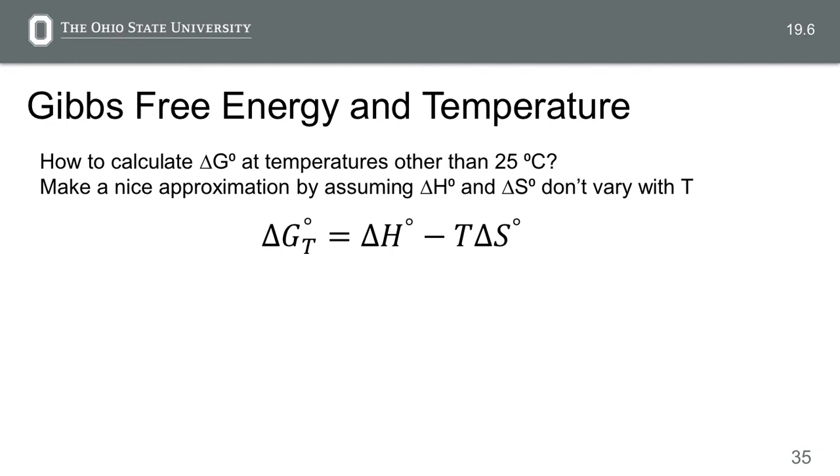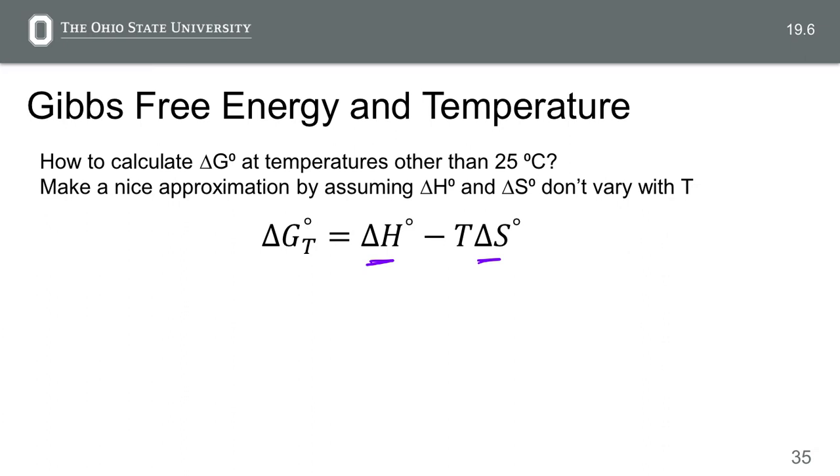Now let's take a look at how temperature plays a role in the spontaneity of reactions. Up to this point, we've mostly been calculating delta G at 25 degrees Celsius, but we don't always want to work at 25 degrees Celsius. We can make a reasonable approximation for delta G at any temperature by assuming that the enthalpy, delta H, and the entropy, delta S, don't vary very much with temperature.